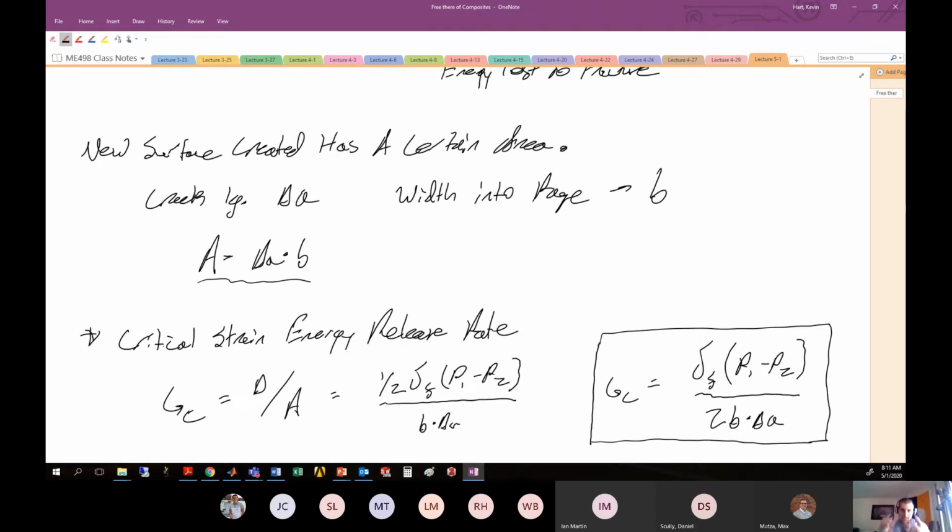Put a little pre-crack in there, measure how long the pre-crack is. Load that thing up in a load frame until that crack propagates, and then measure the amount of load that was reduced during that propagation and measure how long the crack went. There you go. You got your answer, right? So this is one way that we can calculate the critical strain energy release rate for any particular sample.